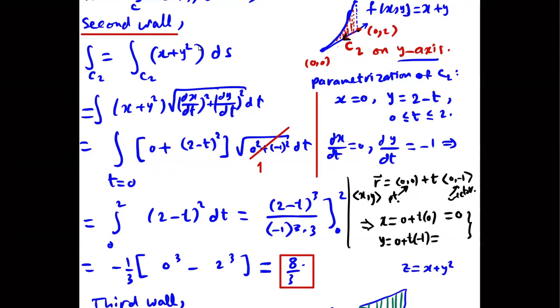So it's y equals negative t. This is right, and this as well is right. If you use the point 0, 2 instead of 0, 0, you come to the same conclusion because we can write any point on the line here.